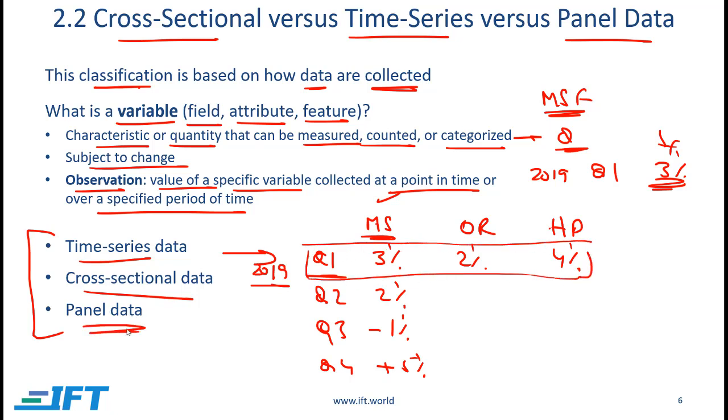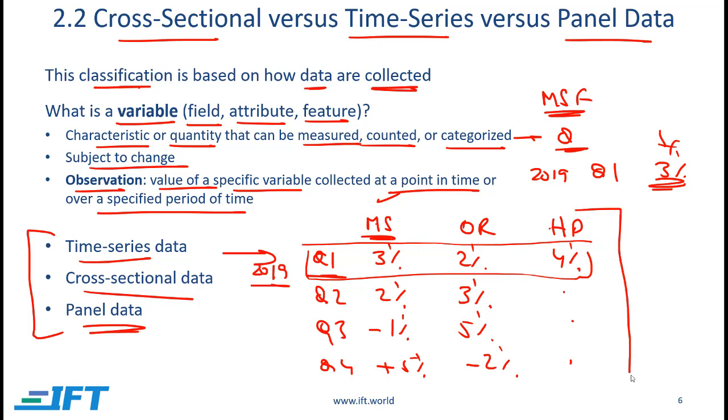And then we have panel data, which is a combination of time series data and cross-sectional data. Panel data is generally represented as a table. Continuing with this example, if we also now have the time series data for Oracle and HP, so let's say Oracle then produced 3% in quarter 2, 5% here, and then minus 2% here, and then we fill out the data for HP.